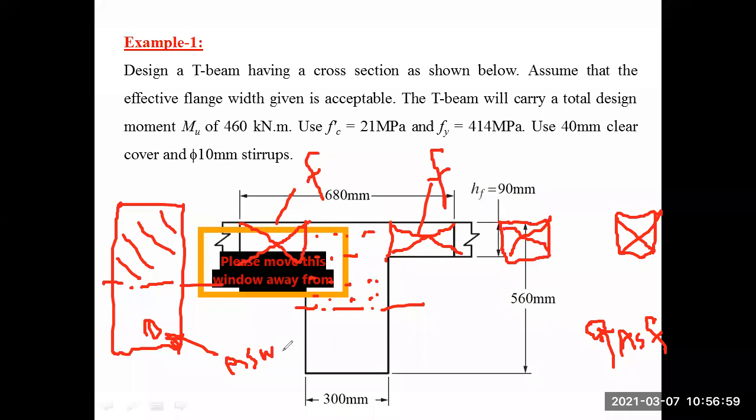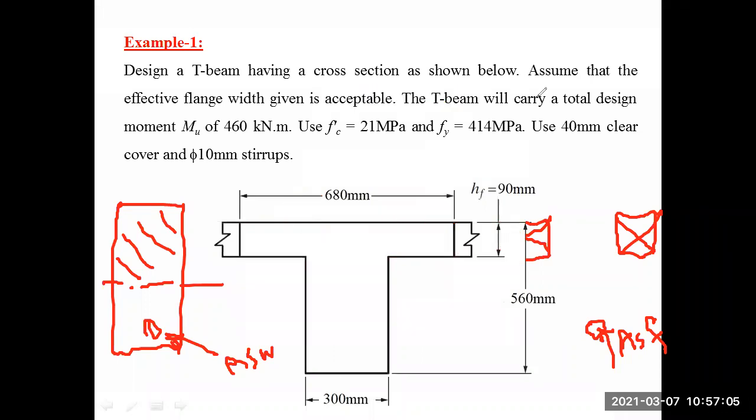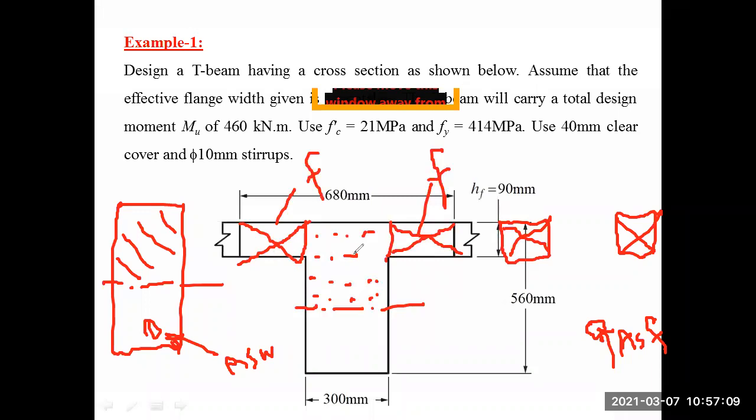It's up to you how you divide the section. You divide the whole flange and you design for the AS, or you divide that much of the flange and you design for ASF, and what is left is supposed to be for the web.